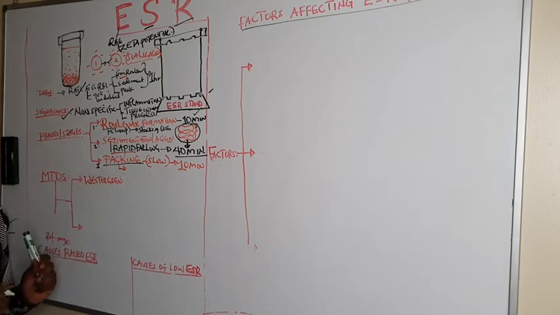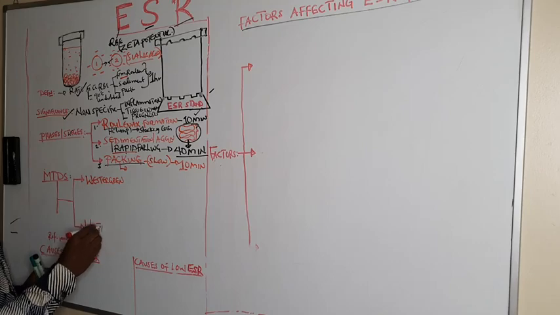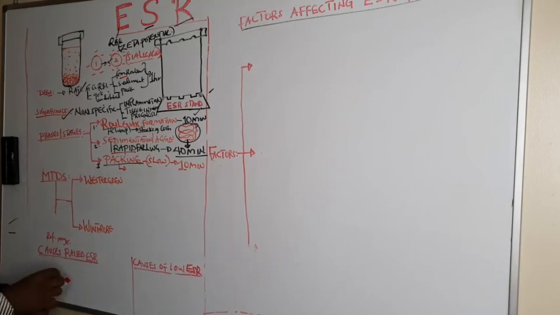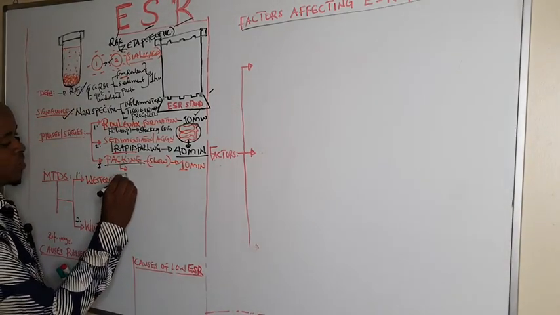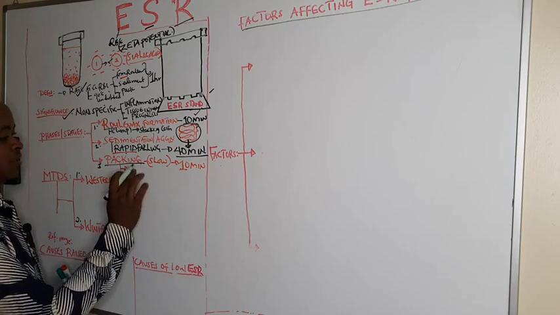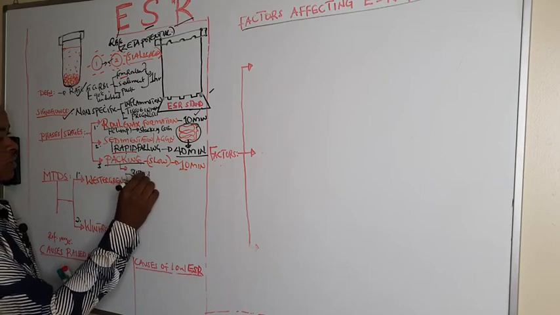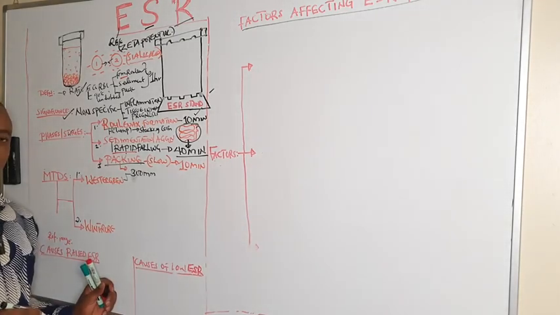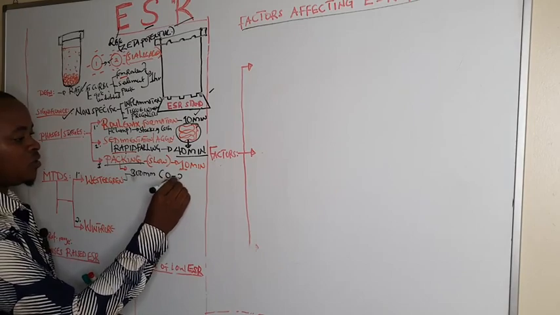whereby we use the Westergren tube. Then we have the second one, which is the Wintrobe. So these are the two methods we have. The first one is the Westergren tube technique. The second one is the Wintrobe technique. With Westergren, this tube measures 300 millimeters, or you can call it 30 centimeters, but it is graduated from 0 to 200.